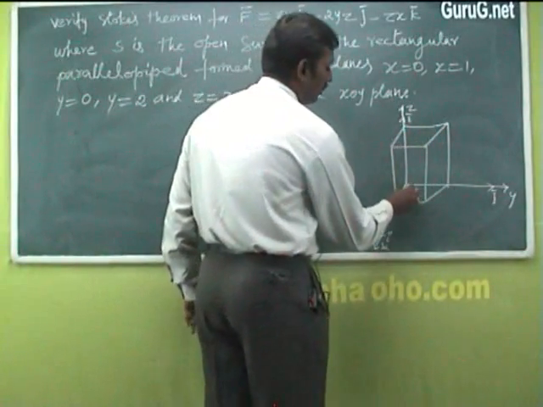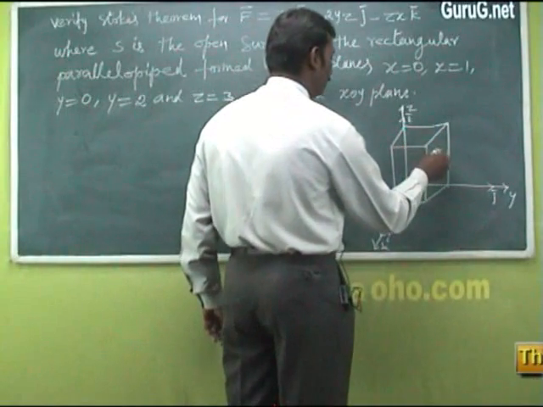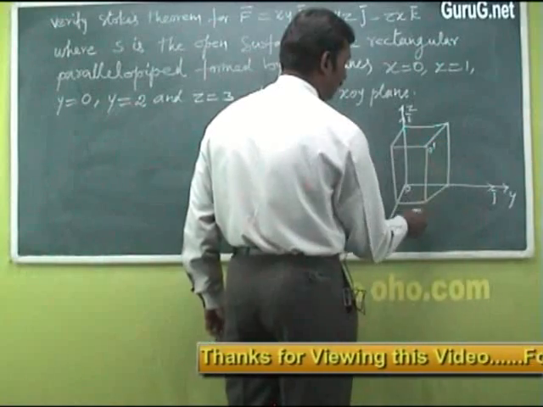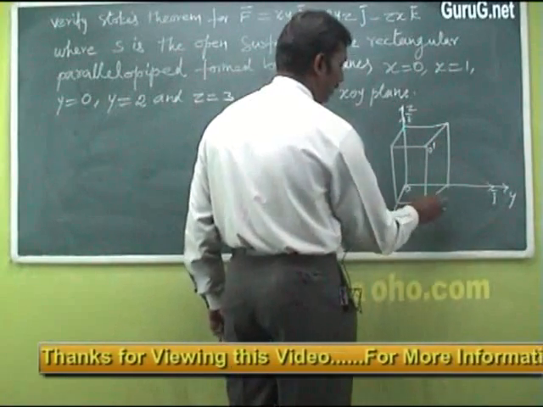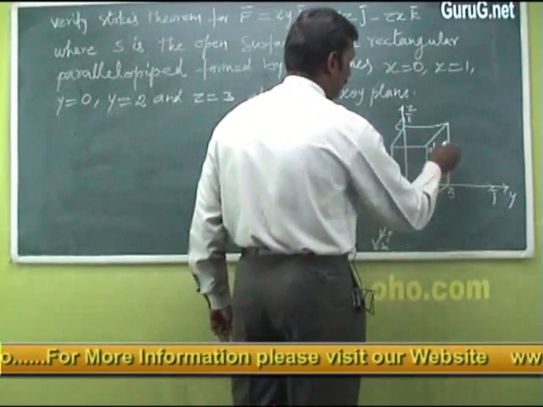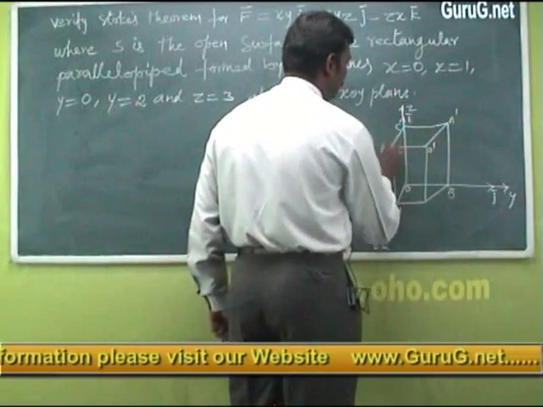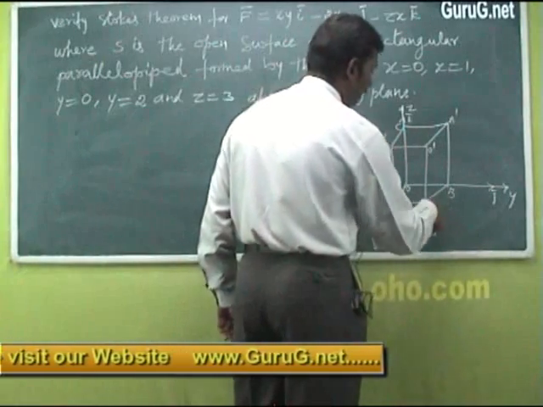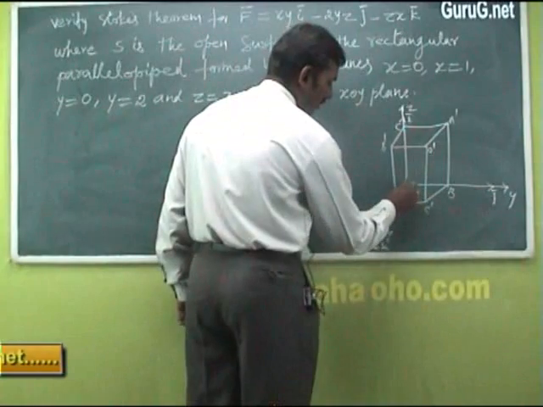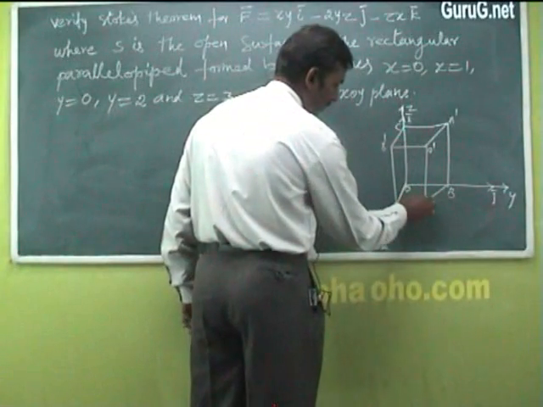This is O, and this is O dash, this is A, B, and then C, and this is A dash, this is B dash, and this is C dash. So this is an open surface.